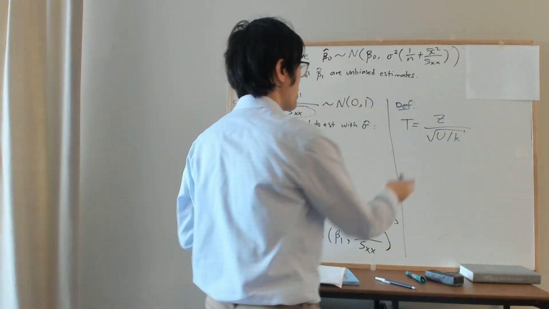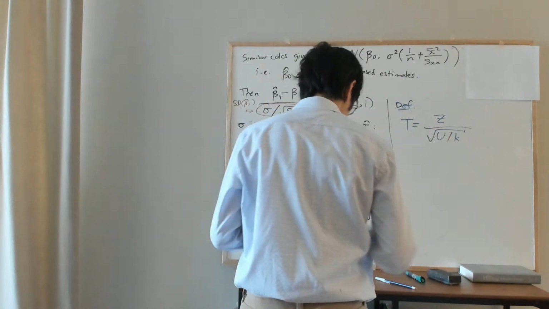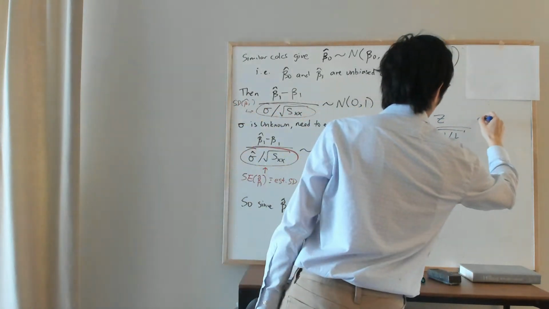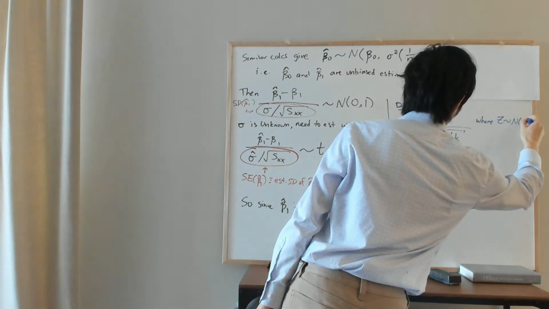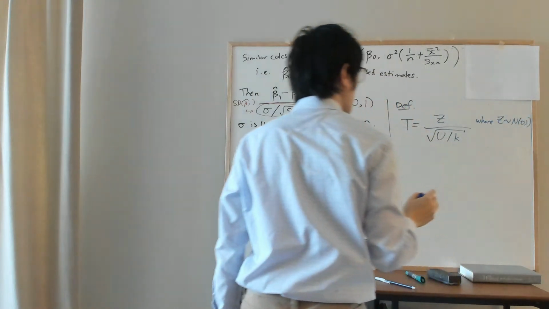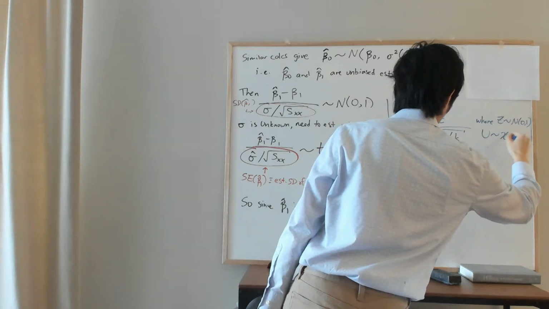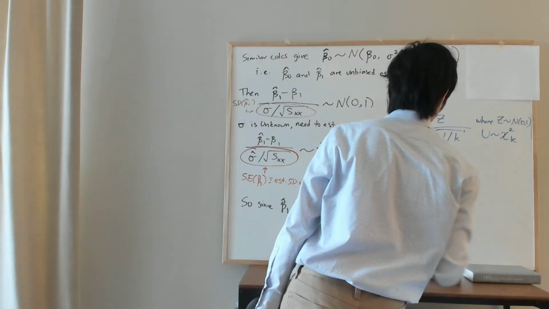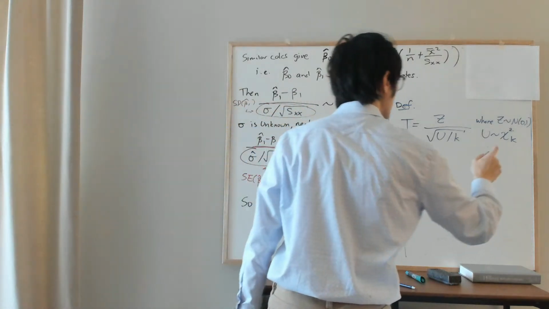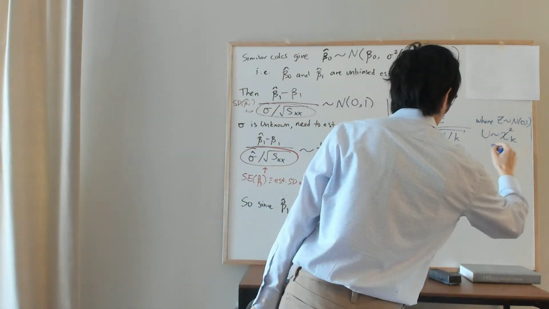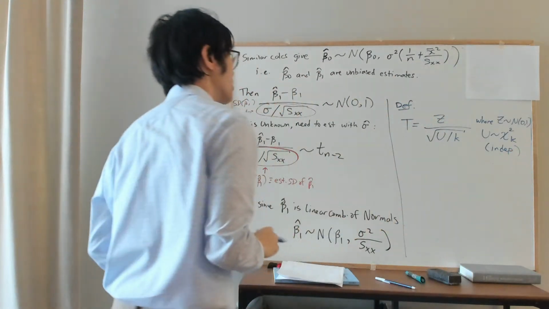So I'm going to define a random variable T in terms of two other random variables, a Z and a U, where Z is a standard normal, and U is a chi-square with k degrees of freedom, and they are independent. Z and U are independent.